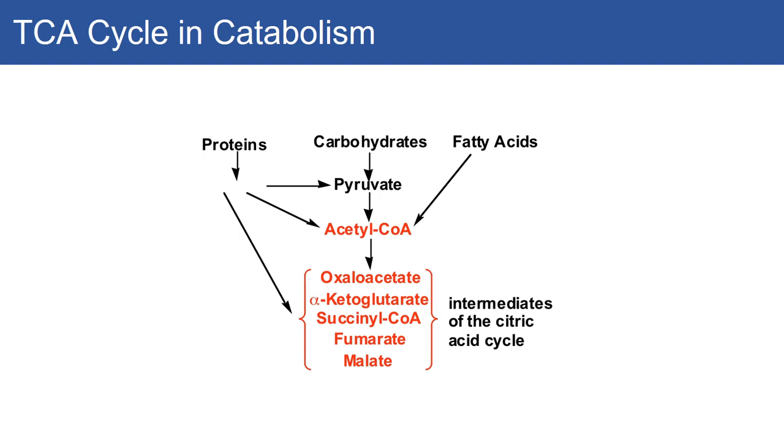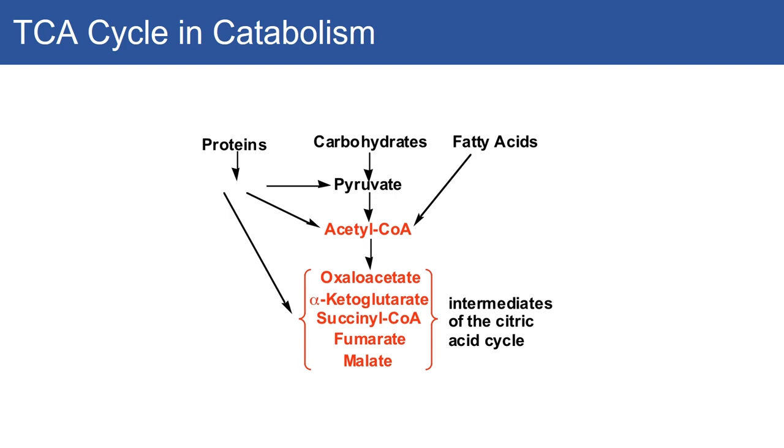So the citric acid cycle, tricarboxylic acid cycle, the Krebs cycle, all the same thing. Again, it starts with proteins, carbohydrates, fatty acids. We go through glycolysis into pyruvate, into acetyl-CoA.